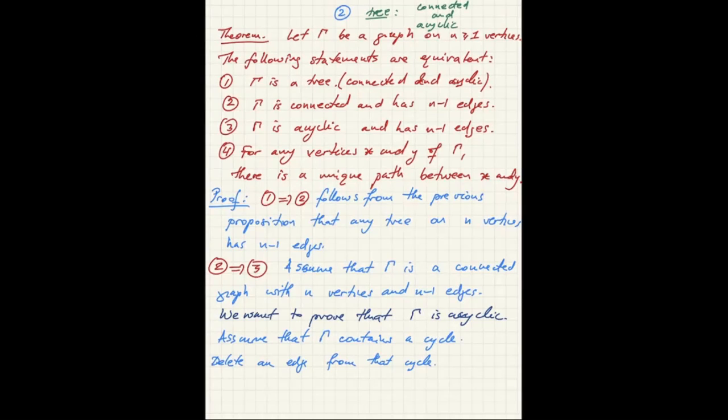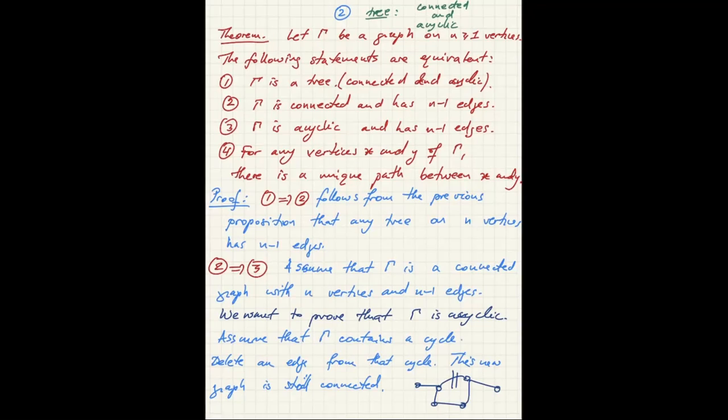The key thing is that this new graph is still connected, because if you needed that edge that you deleted, you can have your graph being something like this, okay? And let's say you delete this edge from a cycle.